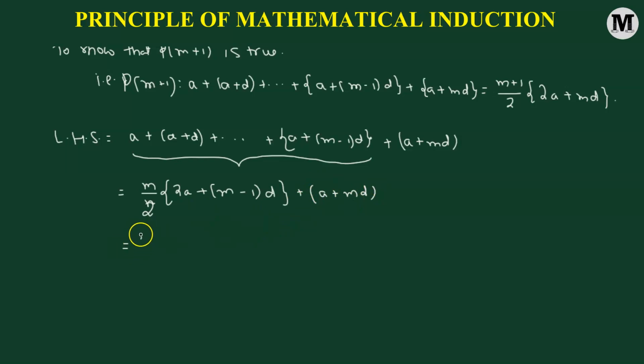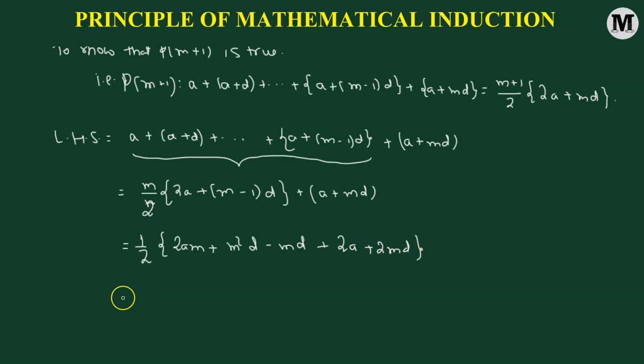So let's take half as the common factor. So we have half multiplied by, now we have m times 2a, so that's going to be 2 times am, added to m minus 1 times d multiplied by m, so we have m squared d minus m times d, added to, from a plus md we have taken half as the common factor, so that is going to become 2a added to 2 times md.